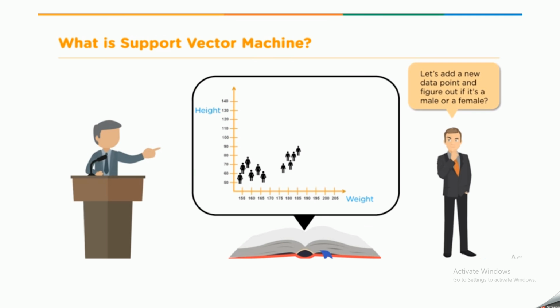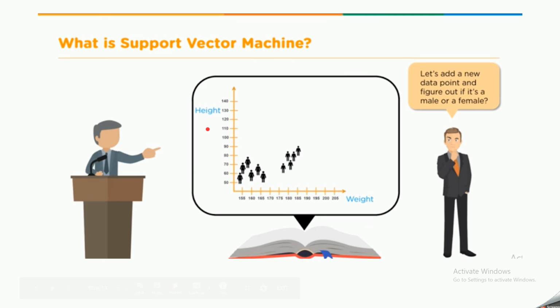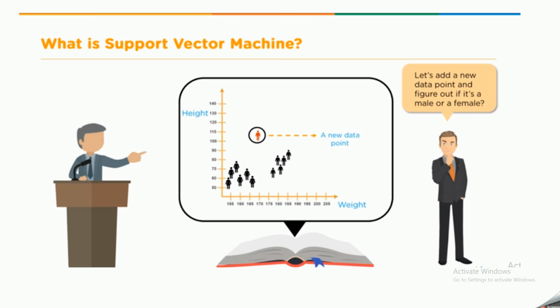Before adding a new data point, we are going to plot the male and female data sets, which include the attributes height and weight, where weight is plotted on the x-axis and height is plotted on the y-axis. Now we have to add a new data point, and it is unknown whether it is male or female. So this is the new data point, and we have to correctly place it on either the male or female side.